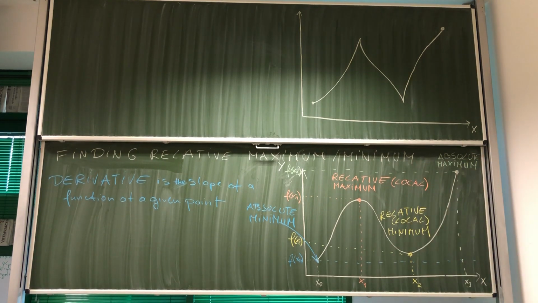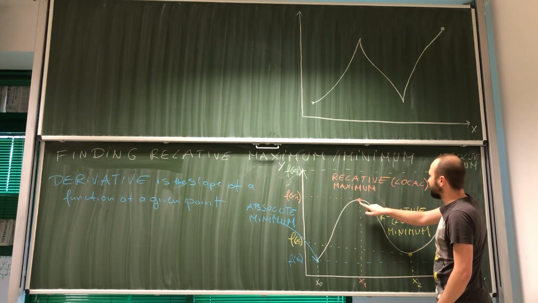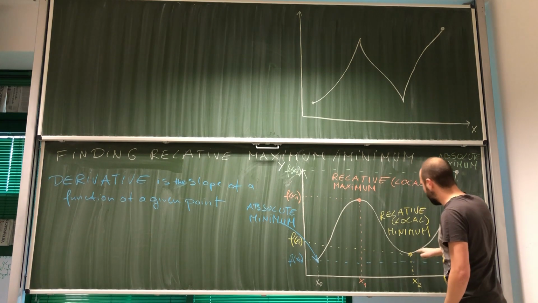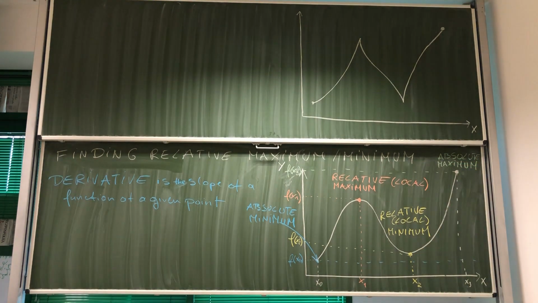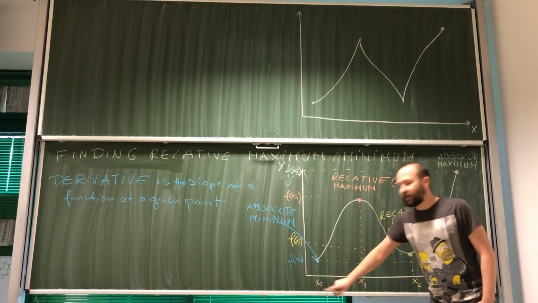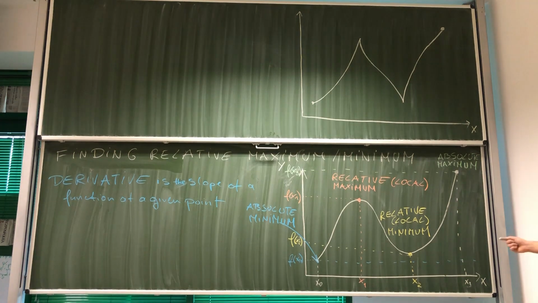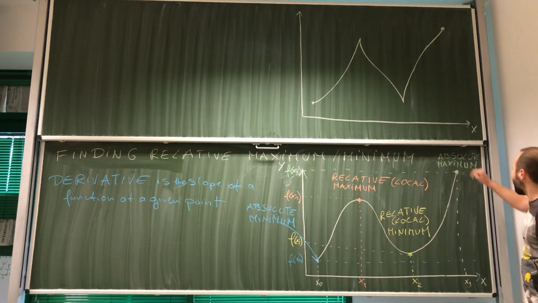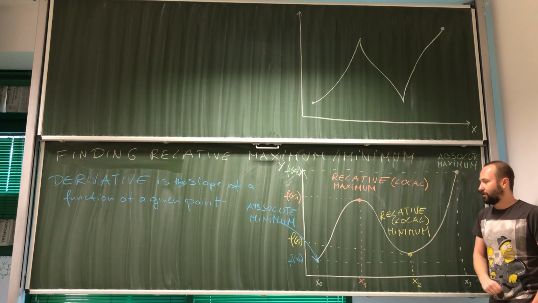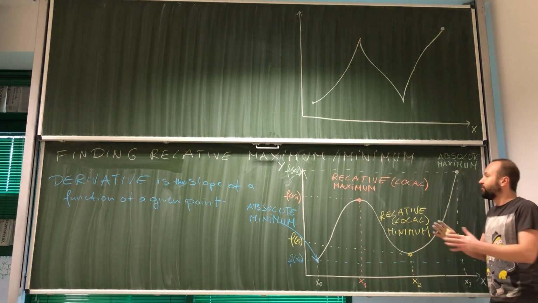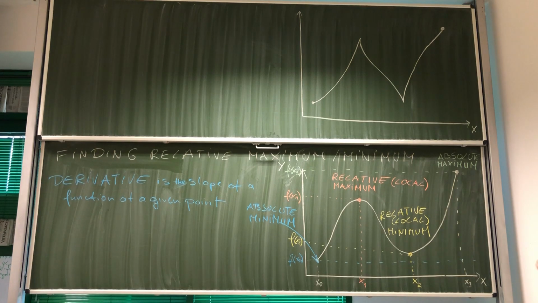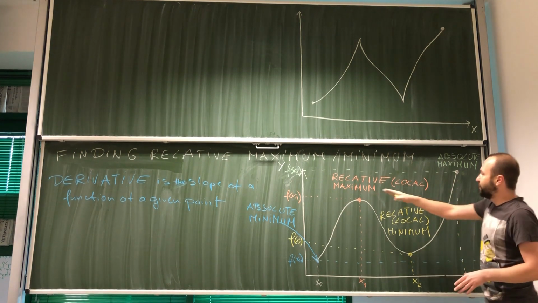Of course this is true, but if we find the local maximum and local minimum, then we can take the two values at the end of the domain, substitute them into the function, and see whether they lie lower or higher than the relative maximum or relative minimum, and we will be able to find the absolute maximum and absolute minimum. So those absolute minimum and absolute maximum points can also be those.